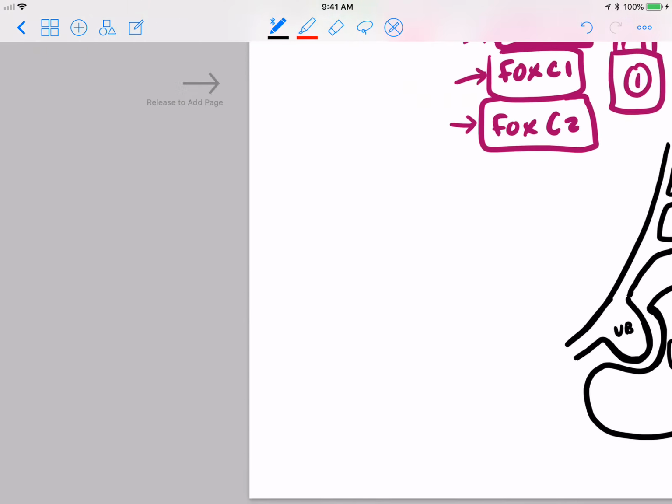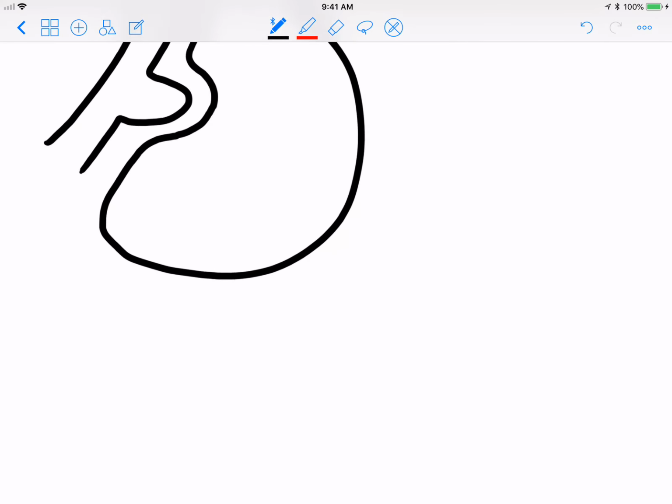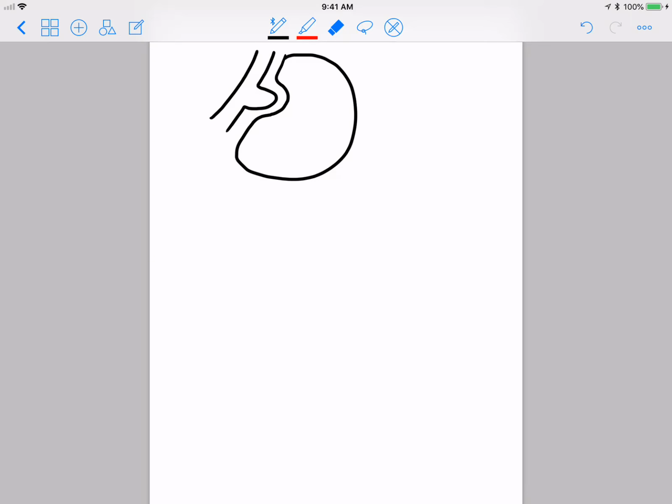So I'm going to create a new page here. So if we look at this again, the ureteric bud and the metanephric mesenchyme have a large series of interactions with each other. So what are those interactions? Okay, this is a little complicated. It's doable, but it's complicated.